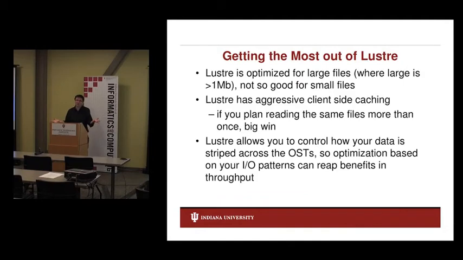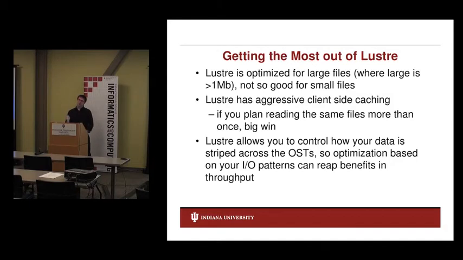We're not very good for small files for that exact reason, there's a lot of overhead for reading small files. Lustre has aggressive client-side caching, so if you're reading the same files a lot, eventually you're reading from cache and not from disk, which is pretty common.